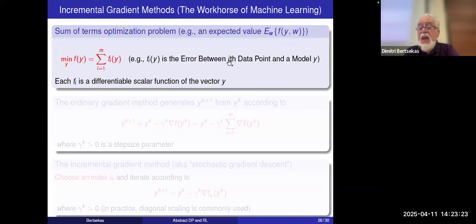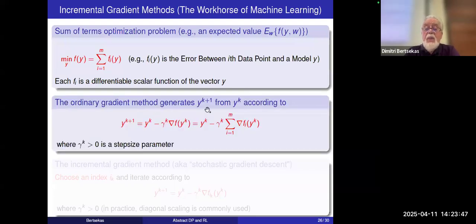You collect a lot of data, and each data point corresponds to a little function like that. The whole expression quantifies how well the model matches the data. It's a very classical problem. And we assume here that each fi is a differentiable scalar function of y.